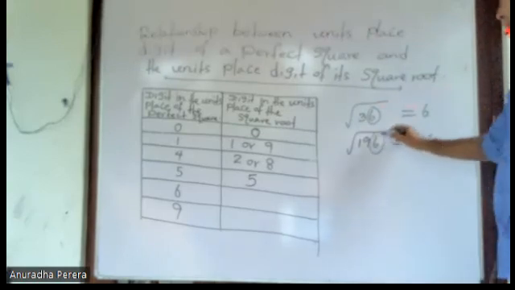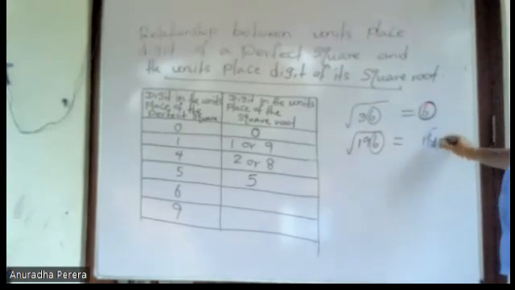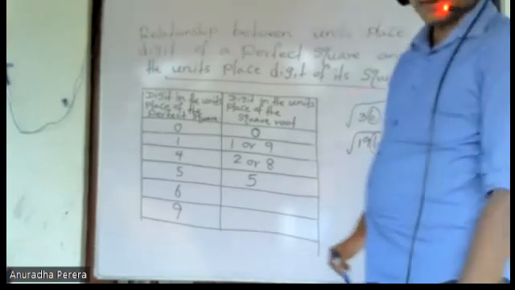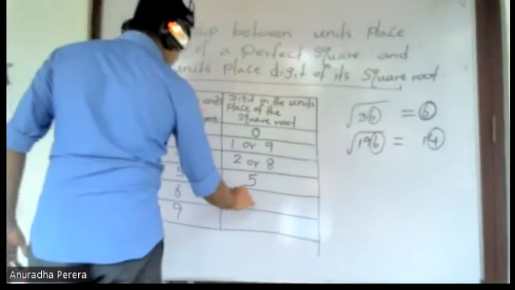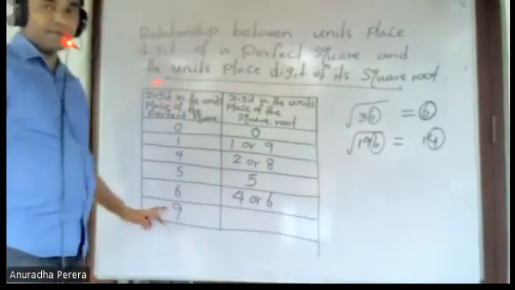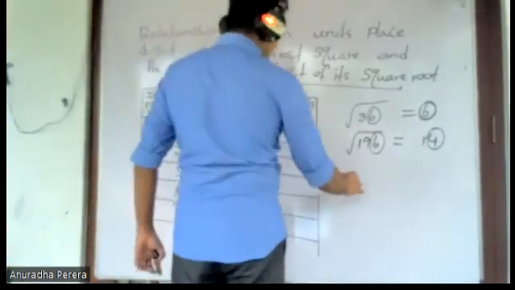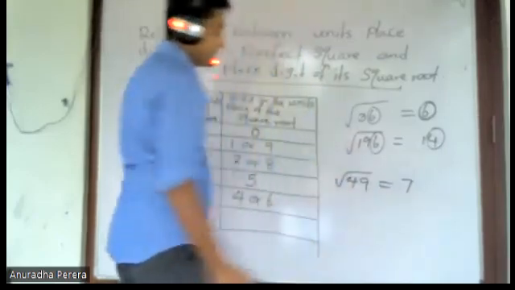When the unit place of the perfect square is 6, the unit place of the square root is 4 or 6. It must be 4 or 6. And when this one is 9, 49, right? What is it? 7.